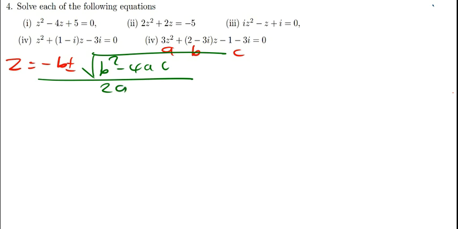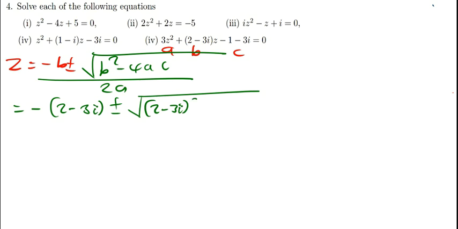So let's see. Our B is 2 minus 3I, so we'll have negative 2 minus 3I plus or minus the square root of, again our B is 2 minus 3I, now we square it, minus 4, our A is 3, then our C is negative 1 plus 3I, like that.